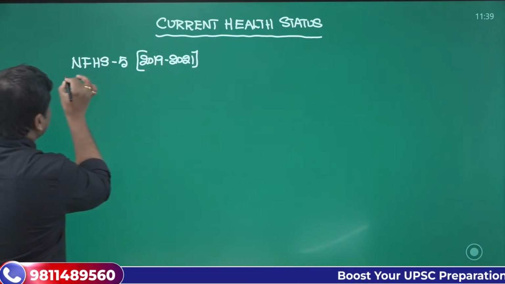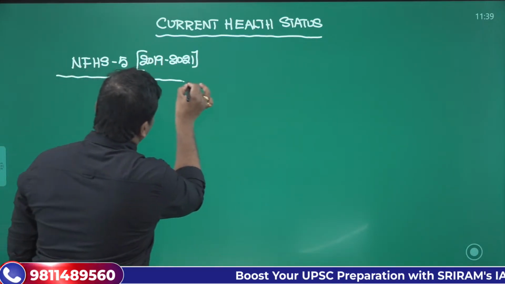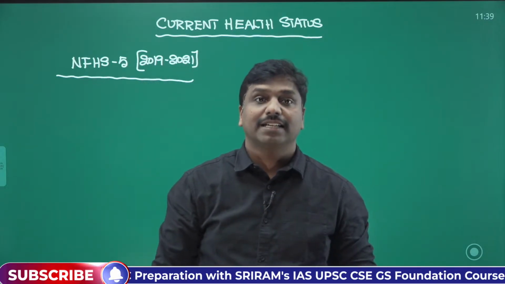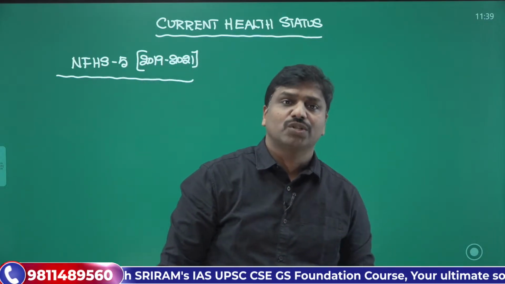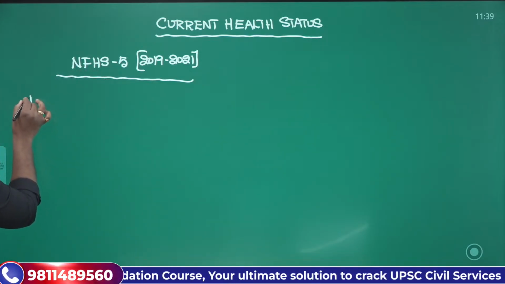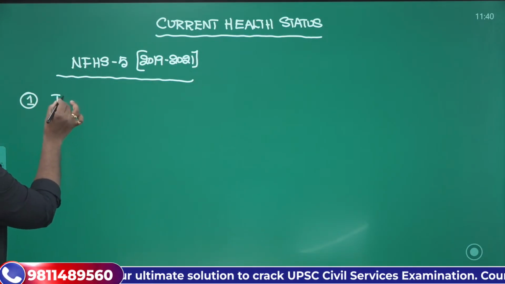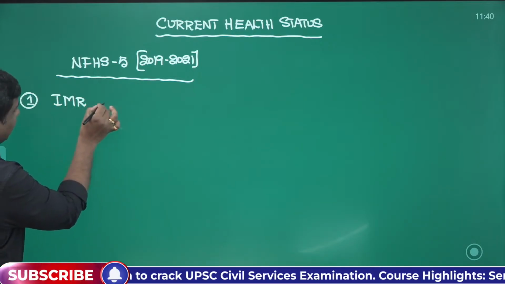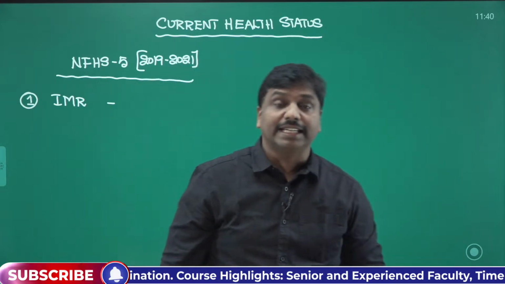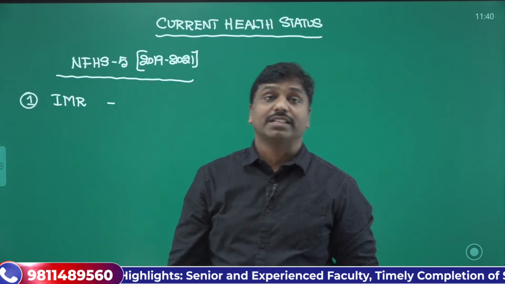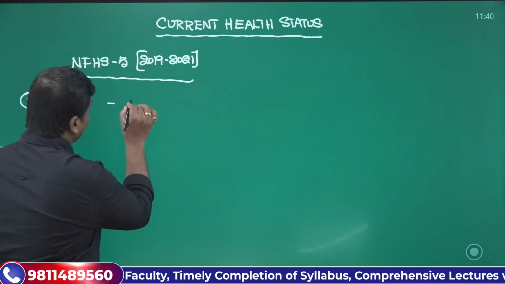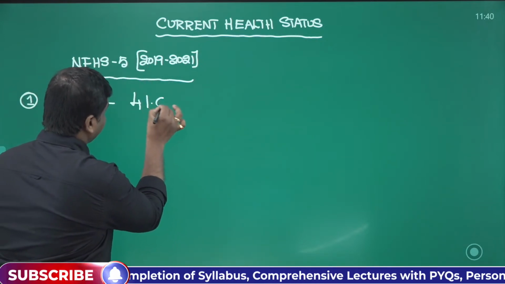According to this data, what are the various health parameters? First, the infant mortality rate, IMR. Currently tribals have around 41.6 infant mortality rate.